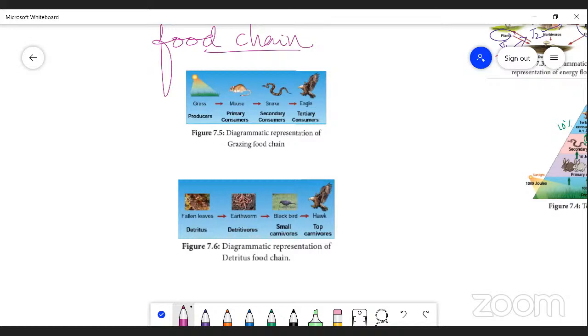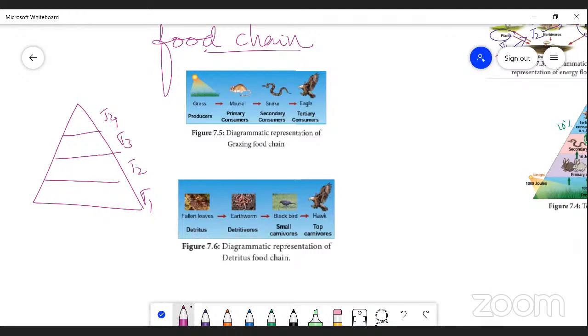Actually, food chain is nothing but the moving of energy from one trophic level to another trophic level. As I mentioned, now this is an ecological structure or ecosystem. This ecosystem is nothing but the composition of T1 and T2 and T3 and T4, which means trophic level 1 and trophic level 2 and trophic level 3 and trophic level 4.